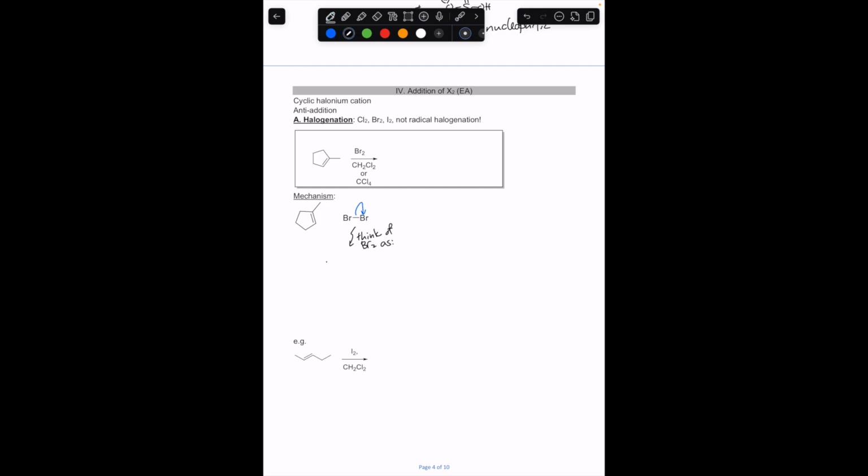That just means two atoms get unequal amounts of electrons in the breakup of the bond. Right, so that could happen. And now this bromine with a positive charge is called a halonium or bromonium ion. Remember, anything that is a cation ends with ion, right? So this is going to be our electrophile in this case, okay?